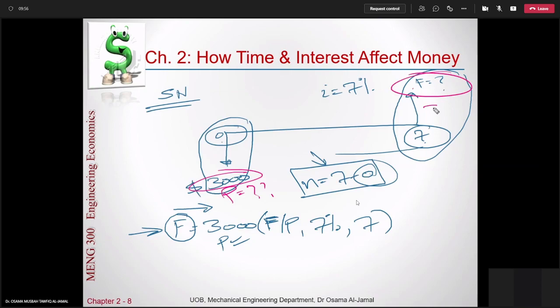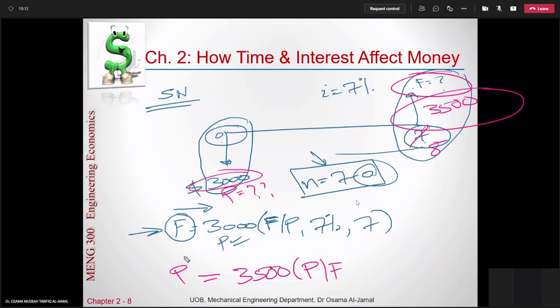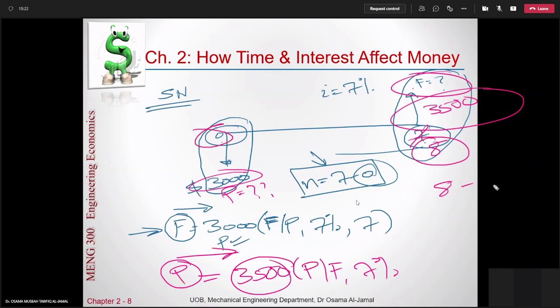If this is given to us as 3,500, for example, here it was 8 years, so to find the P, it will equal that F which is 3,500, P given F. We always follow this direction. Want to find the P given the future. 7%, how many years? 8 minus 0. So 8 periods.